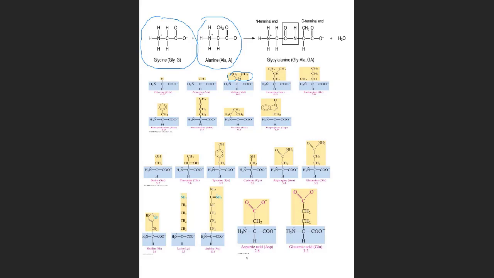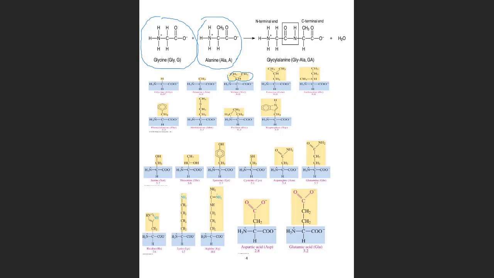Before we continue talking about peptides and proteins, we know that proteins are chains of 50 or more amino acids and peptides are shorter chains, but let's pay attention a little bit to the structure of an amino acid so you can get familiar with it.